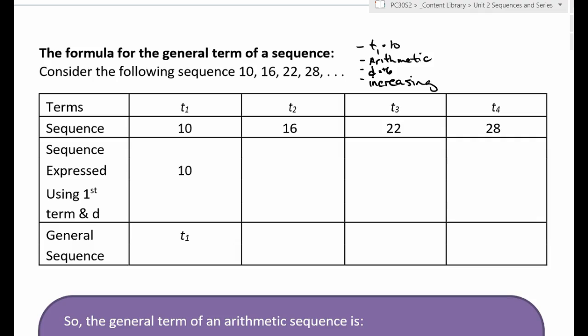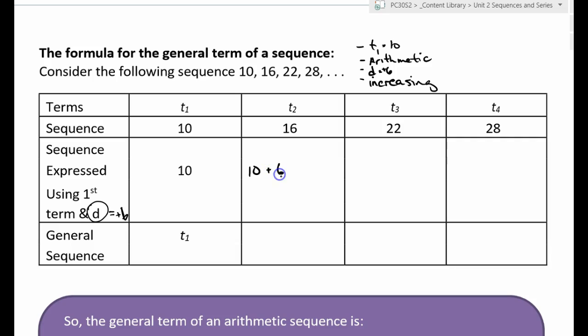Well, how can we express this as an equation? How can we eventually get to that point? First of all, we look at our terms: 10, 16, 22, 28. It's an infinite sequence, but we're only going to look at the first 4 terms here. What if we always try to link it back to that first term? We can talk about it in terms of d, and remember d is positive 6. How would we go from 10 to 16?